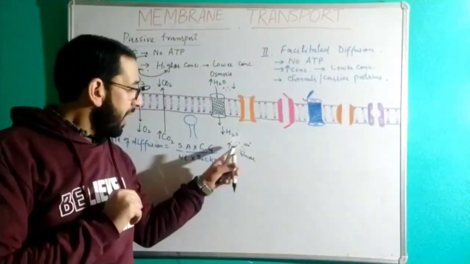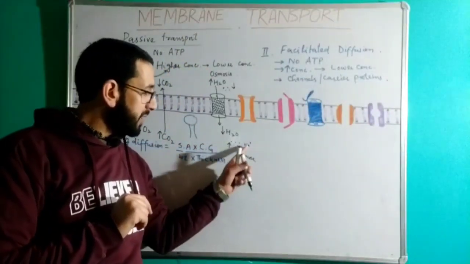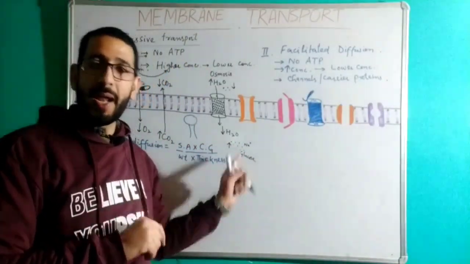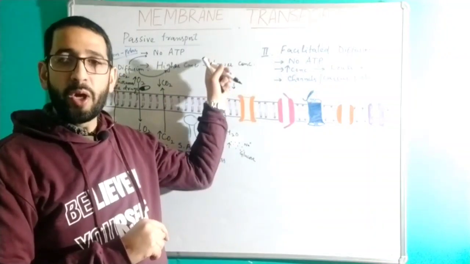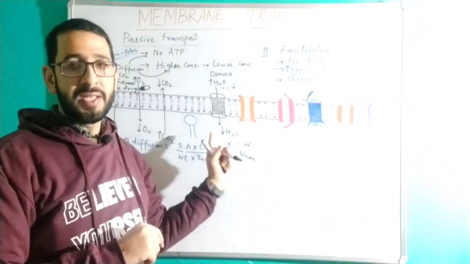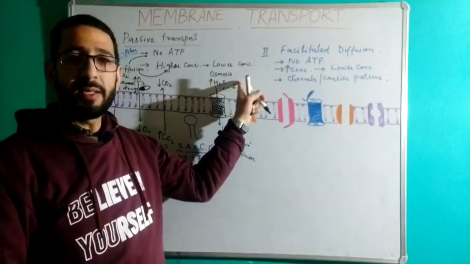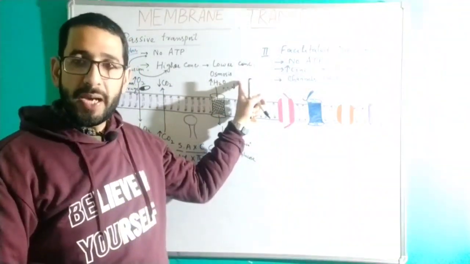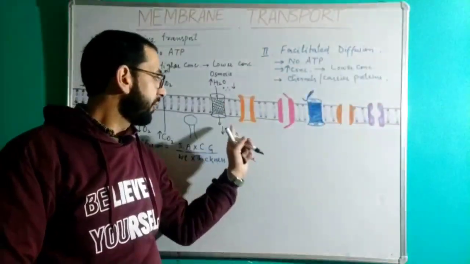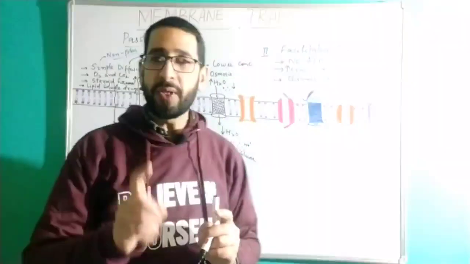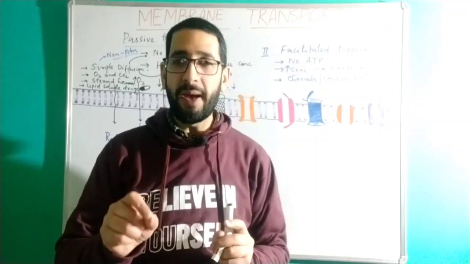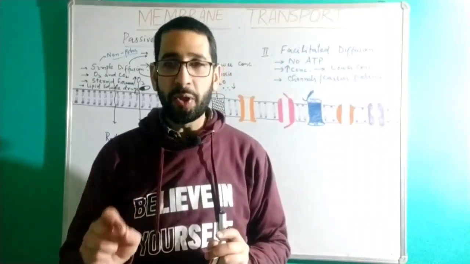What does that mean? If sodium and glucose are more inside the cell as compared to outside the cell, water will start moving from outside to inside. And if sodium is more outside the cell and glucose is more outside the cell, water will start moving from inside to outside. So this is the first type of facilitated diffusion, and that is osmosis.